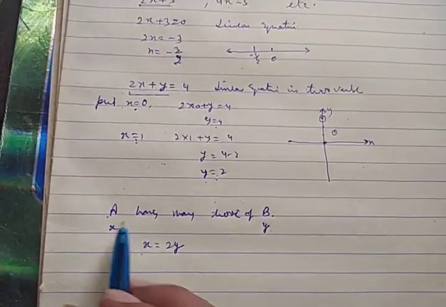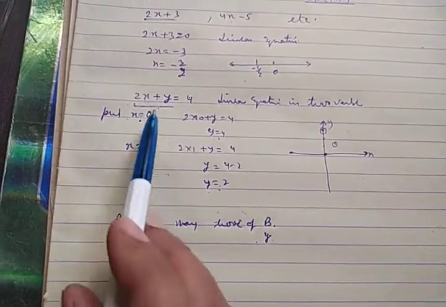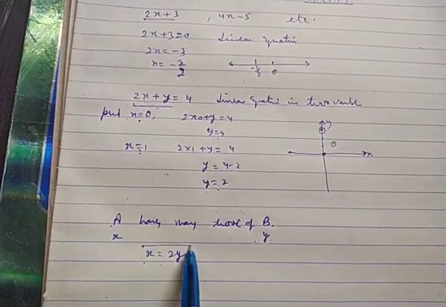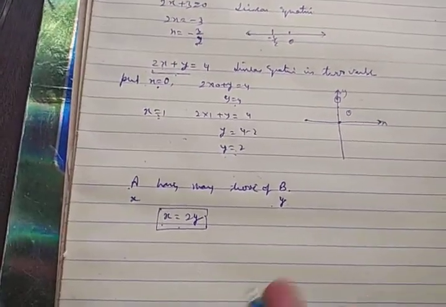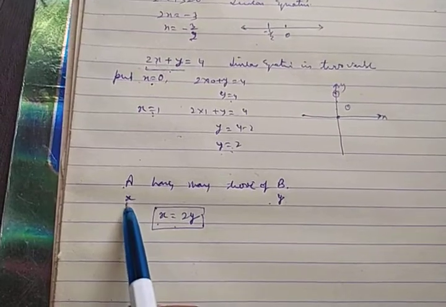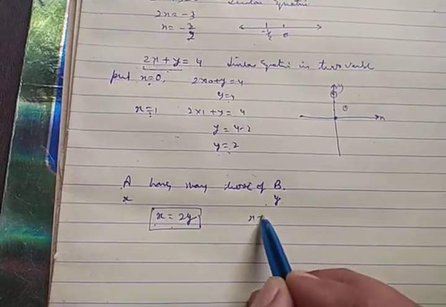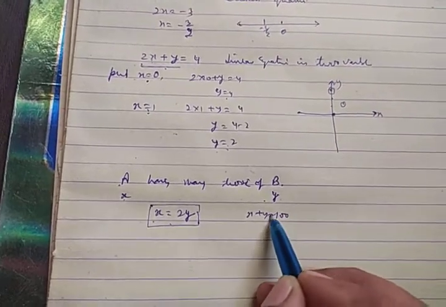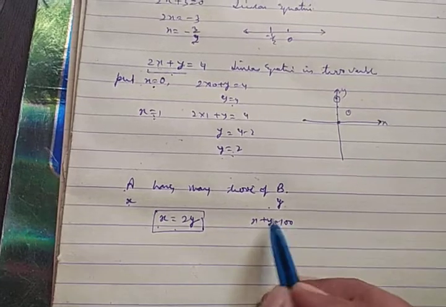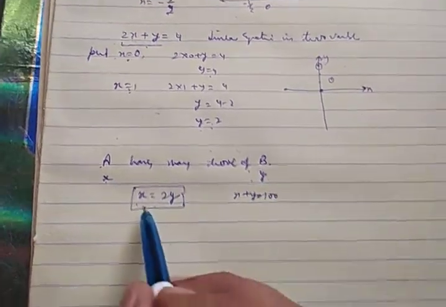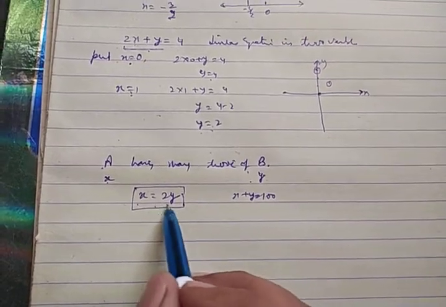This is the relation between X and Y, and this will become a linear equation. Another equation may be that the sum of the money of X and Y is equal to 100. Then you can write X plus Y is equal to 100. There are a lot of situations where the given situation or condition can be put into a linear expression or linear equation in algebraic manner.